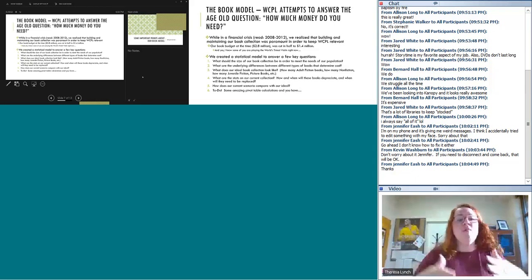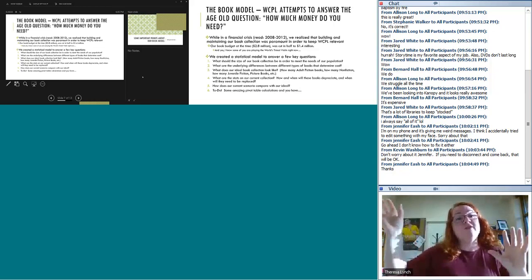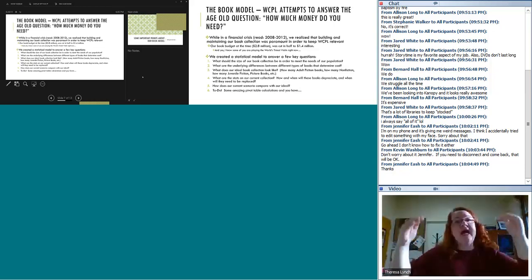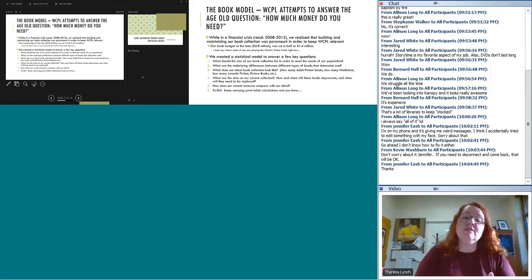Then we combined that with what we saw as our ideal overall collection size. Remember that 1.7 million? We laid out what our ideal collection should be in terms of number of volumes and the cost.